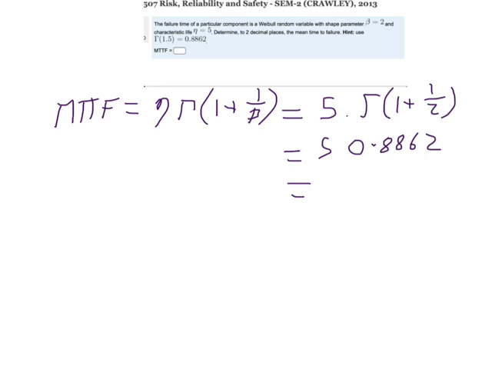Let's make sure I've got this correct. 4.431. And that's our answer. Very simple one.